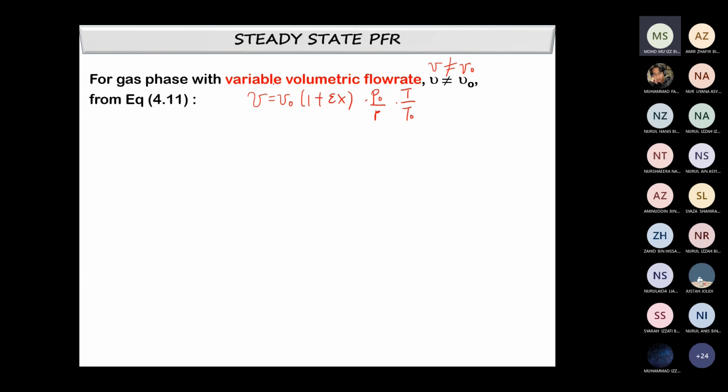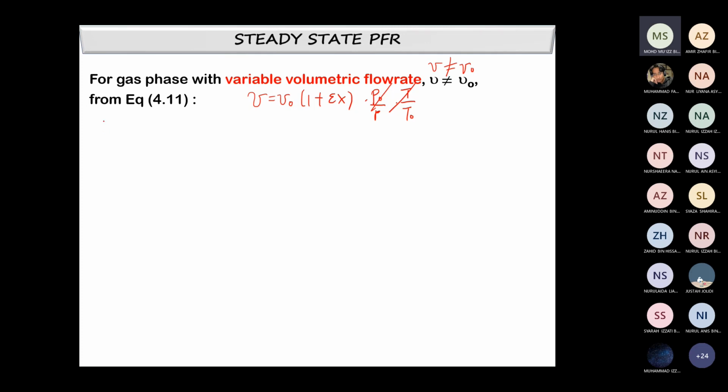So this is for variable volumetric flow rate. Sekarang ni kita nak derivekan dia, nak dapatkan the volume of the gas phase dalam PFR. First kali kita boleh assume this is isothermal dan isobaric.